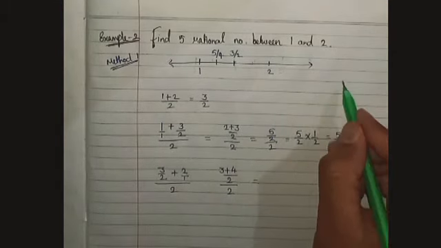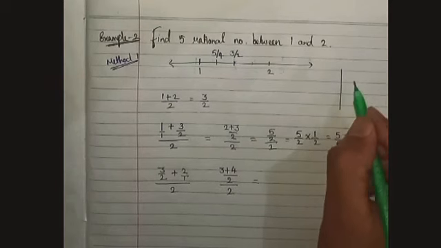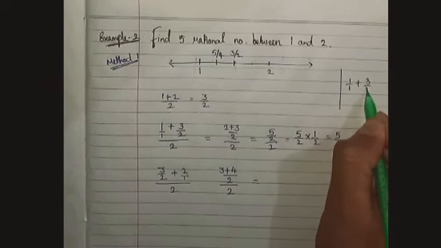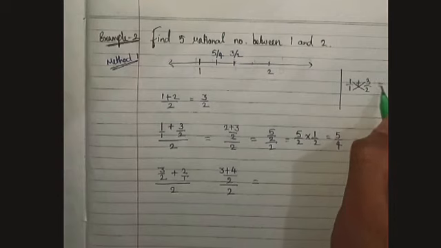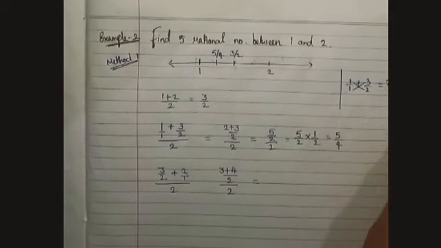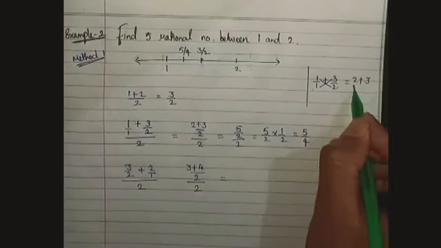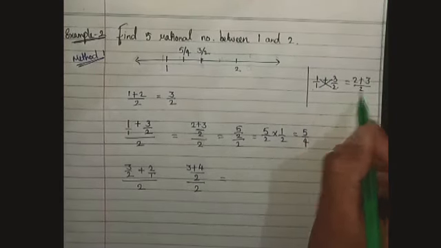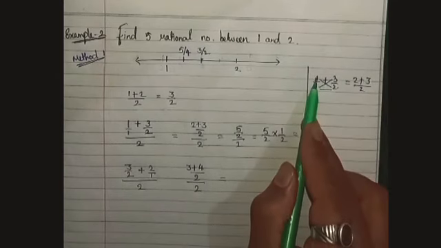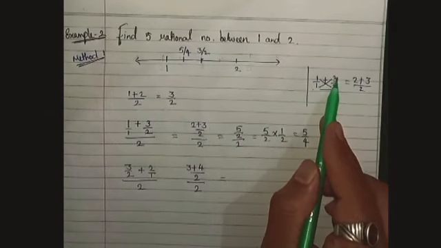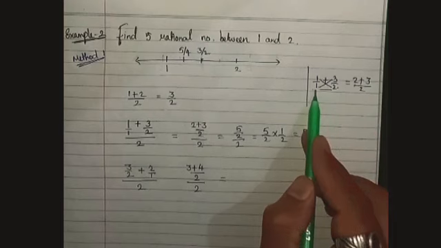So we will look here. If suppose I have to find the addition of these two numbers, I will go for cross multiplication, that is 2 ones are 2, 3 ones are 3, and divide by 2 ones are 2.